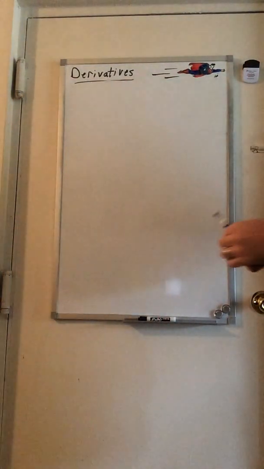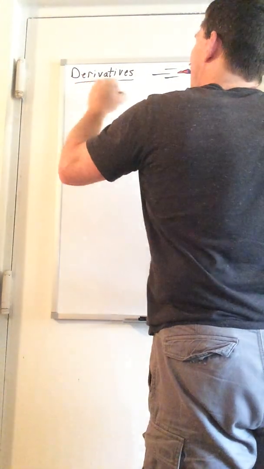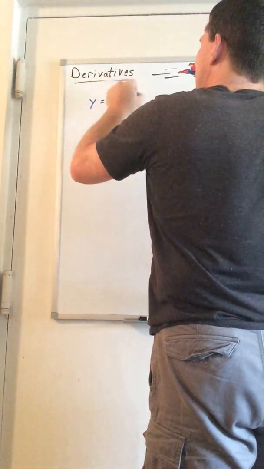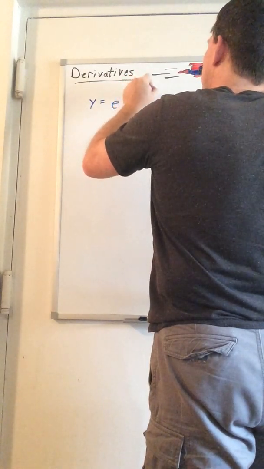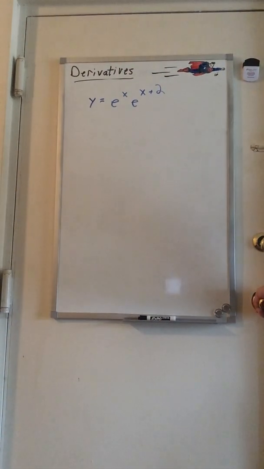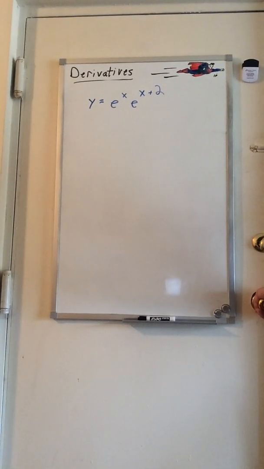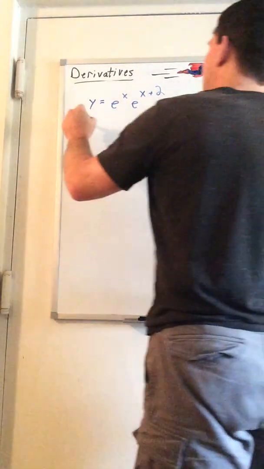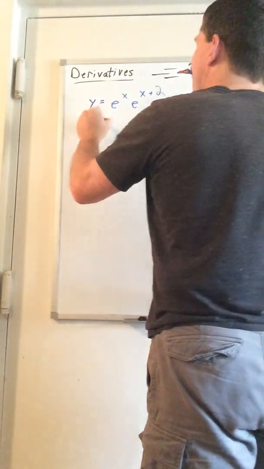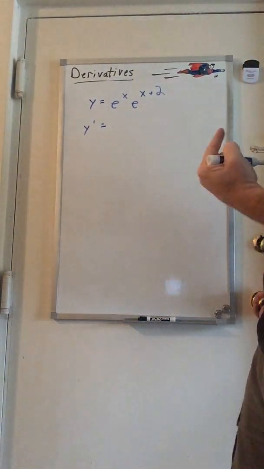Suppose we have y equals e to the x, e to the x plus 2. Now again, how you choose to find the derivative, we've said this before, is kind of up to you. One thing you could do is say, oh, okay, that's the product of two exponentials, product rule.